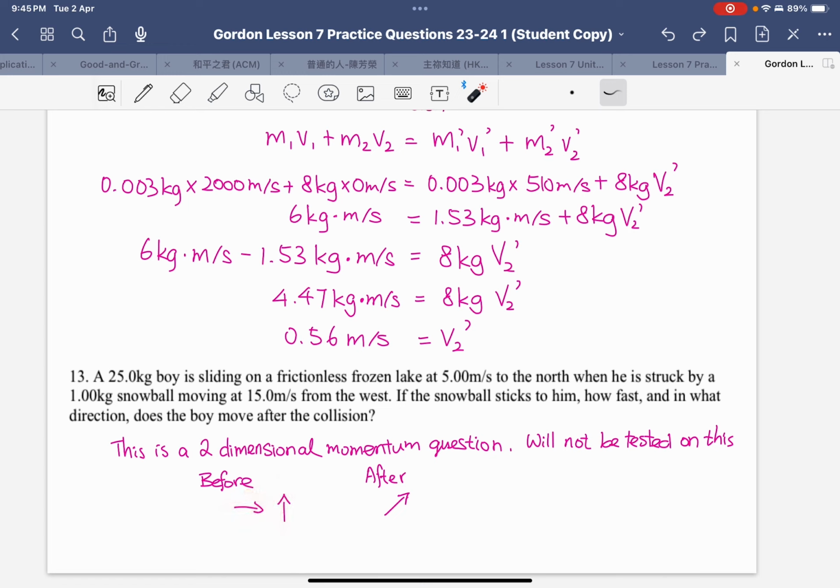And if you were to calculate this, you have to calculate the momentum on the x-axis and the momentum on the y-axis separately using sine, cosine, and that kind of stuff. And so I'm not going to address this in here. If you want, you can go and ask your physics tutor, or you can just do it on your own if you're very advanced in mathematics. But I won't waste my time.